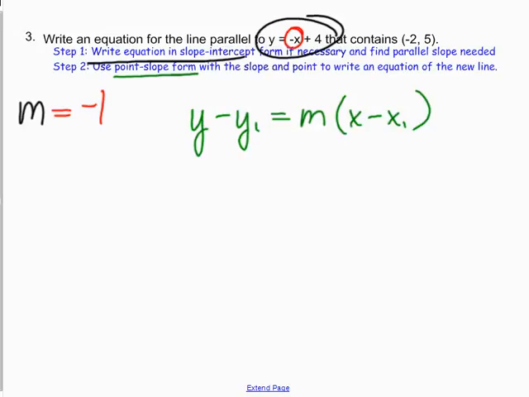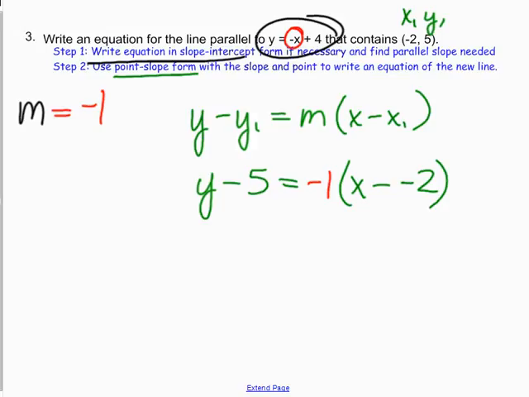Okay, so I'm going to take x1, y1 and plug everything in. So y minus y1 equals m. Okay, that's this slope over here, -1, times x minus x1 is a -2.